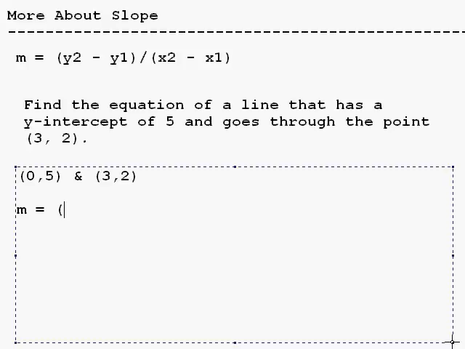The slope is 2 minus 5 divided by 3 minus 0, which gives us -3 divided by 3, or just -1. So if we wanted to write the equation, we know it's of this form, where m is the slope and b is the y-intercept. Our slope was -1, so we just have negative x, and our y-intercept was 5. So there's the equation of the line.